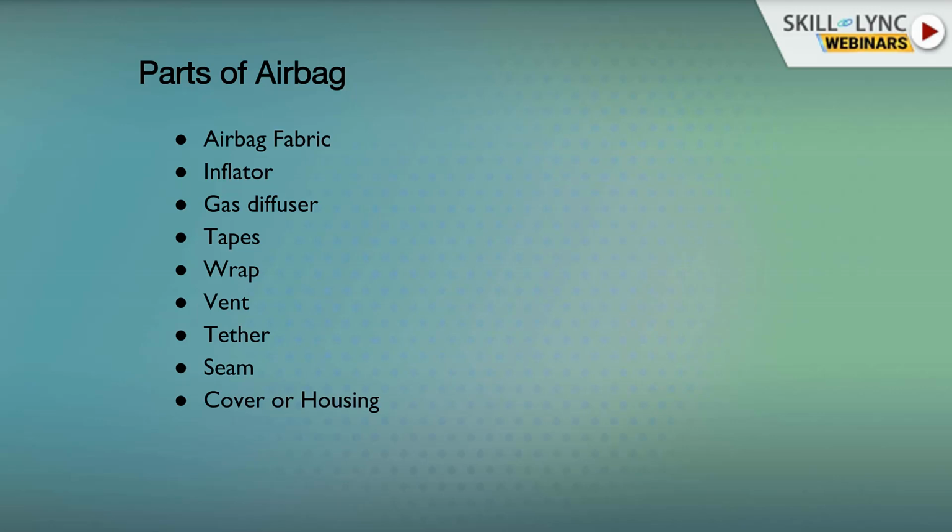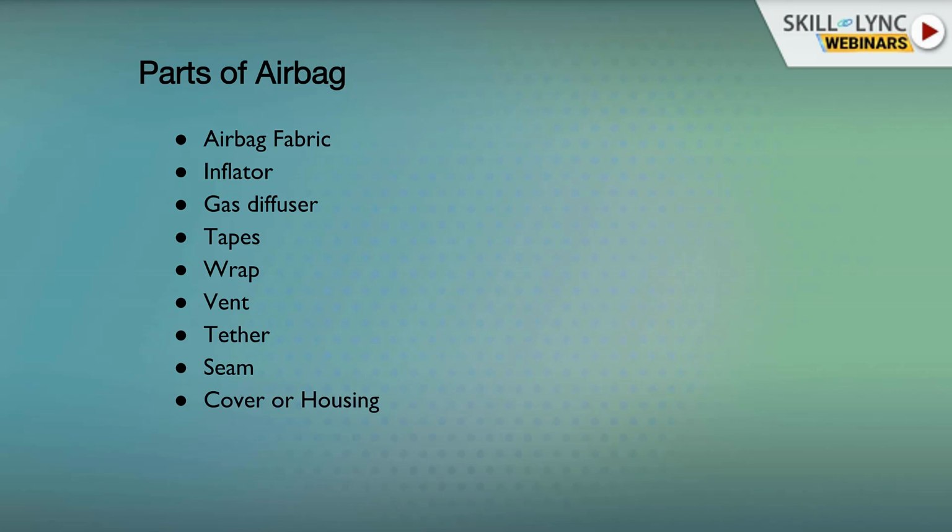So understanding the folding, you can understand this as the area where the inflation starts from. When you do a simulation, you will have to keep in mind that a part of this inflator is going to affect the kinematics of the airbag when it is deployed. The gas diffuser is the next part associated with the inflator.